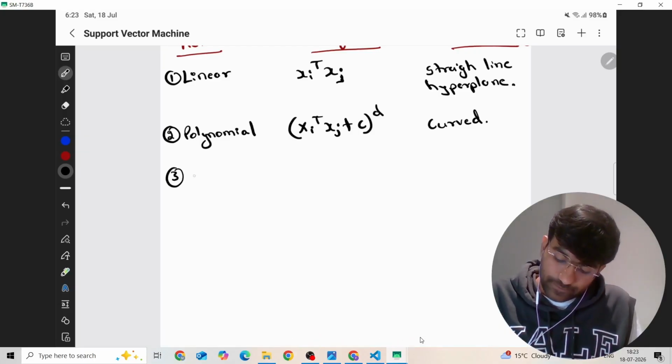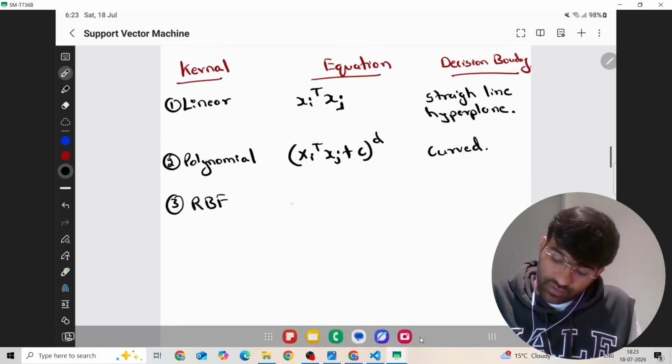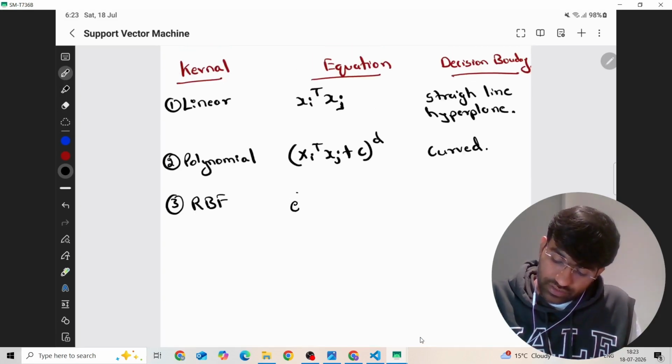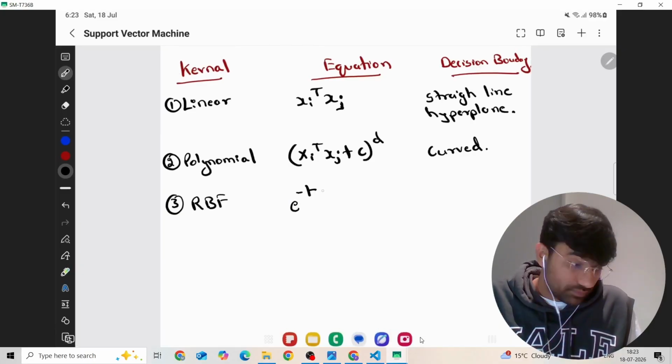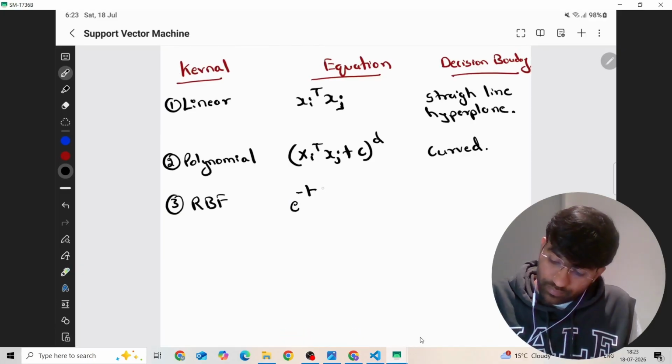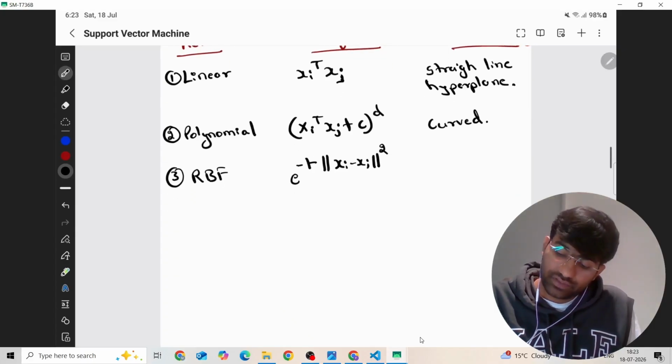And third is the RBF kernel. The equation for the RBF kernel is exponential of minus gamma times the absolute value of xi minus xj, squared.